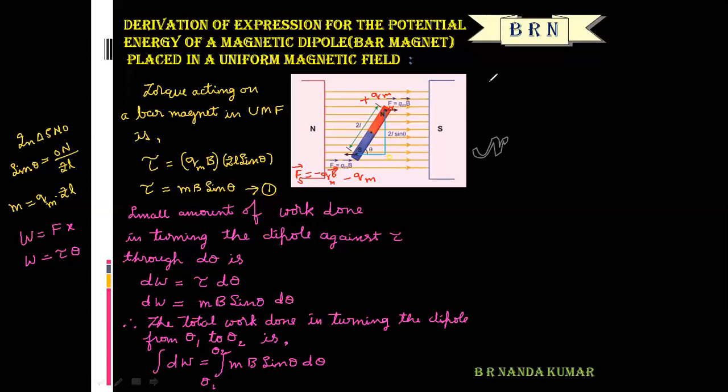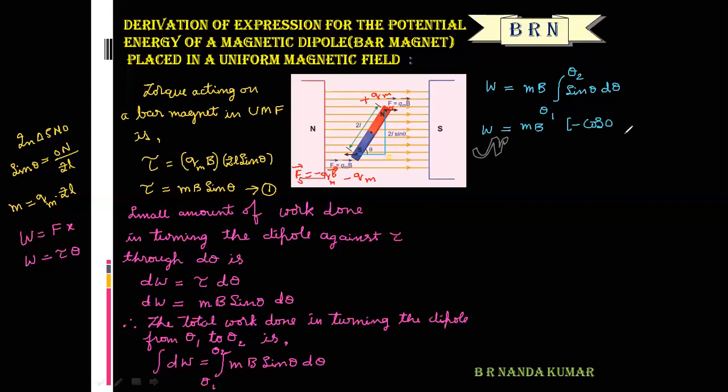So integration of dW is W, right? While integrating, the constant terms should be taken outside. So here the magnetic dipole moment and magnetic field are constant, so mB is taken outside. So W is equal to mB integration of sine theta d theta from theta 1 to theta 2. What is the value of integration of sine theta?